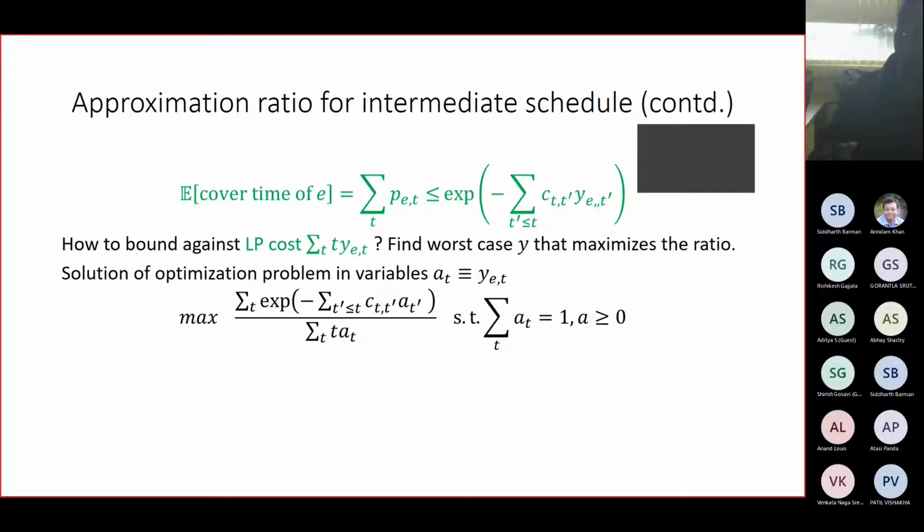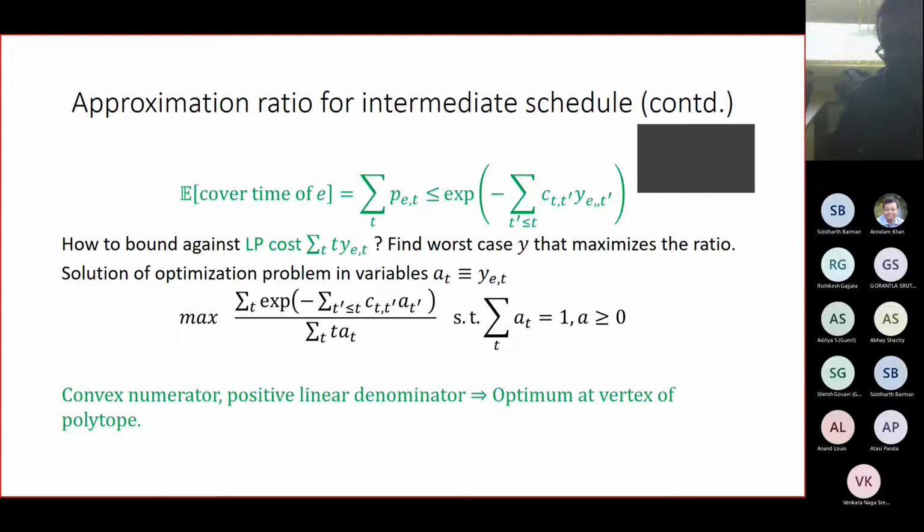So we can think of this as almost a convex program. In particular, we can use the fact that such a program has its optimum at a vertex of the polytope. And then using the vertex properties, you can find the exact worst ratio.